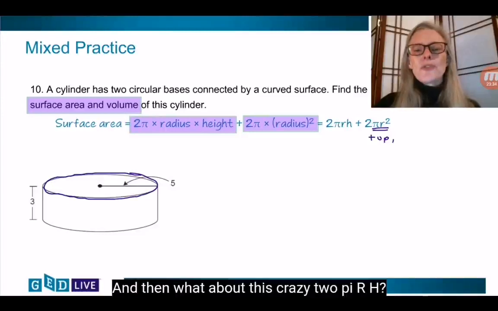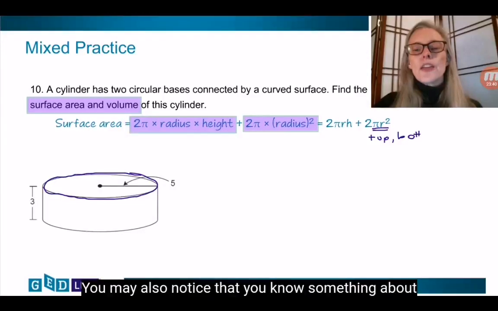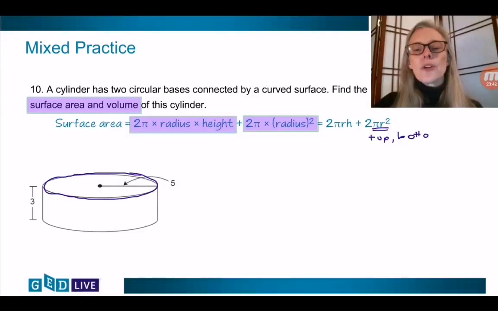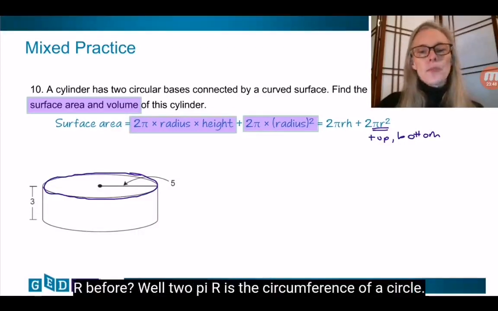And then what about this crazy 2 pi rh? Well, you may also notice that you know something about this 2 pi r. Where have you seen 2 pi r before? Well, 2 pi r is the circumference of a circle.